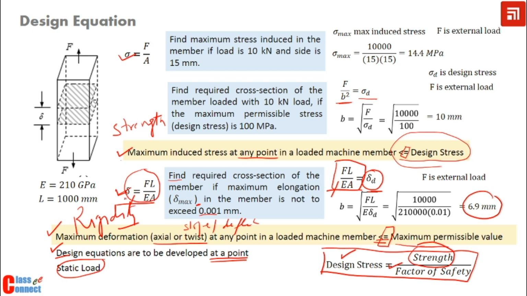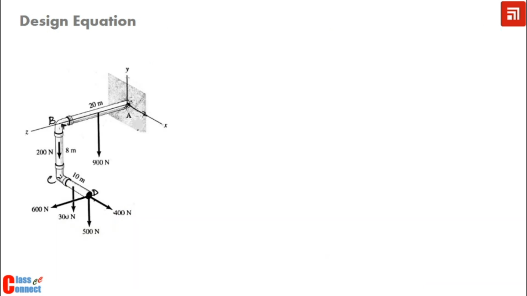For dynamic load, the basic structure of the design equation will remain the same, but what the difference is, we'll be discussing later on when we discuss the fluctuating stresses in the later modules. So now let us see how to get the left hand side of the problem.